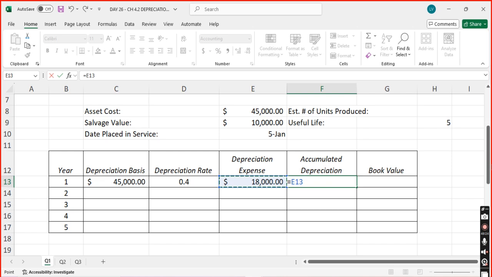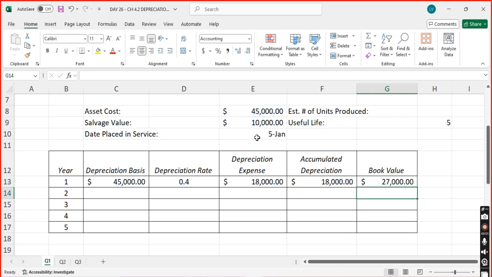So what is my book value going to be at the end of year 1? We're going to take $45,000 minus the accumulated depreciation for that current year of $18,000. You do get $27,000.